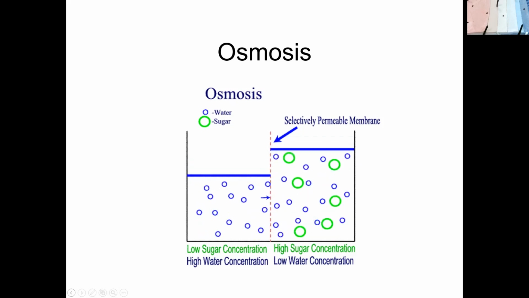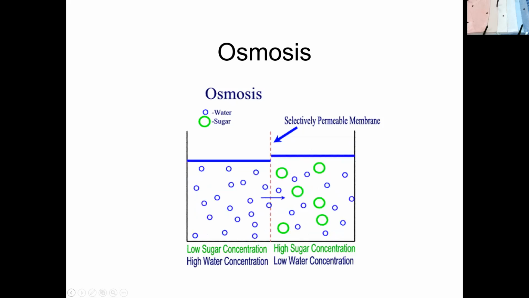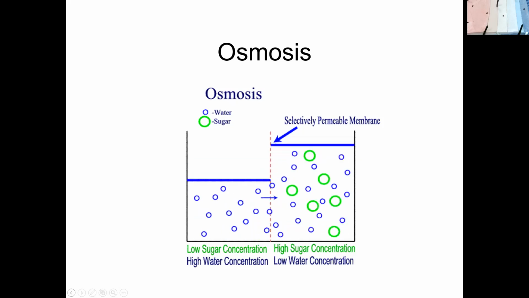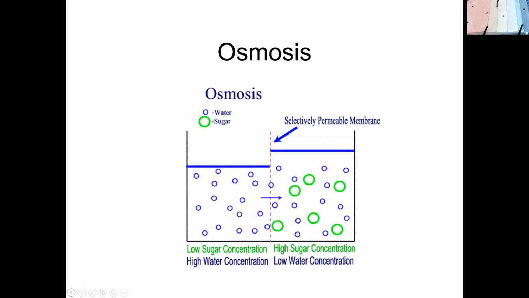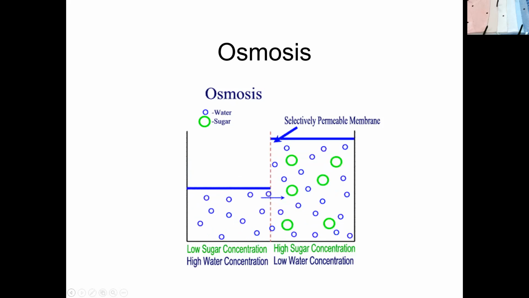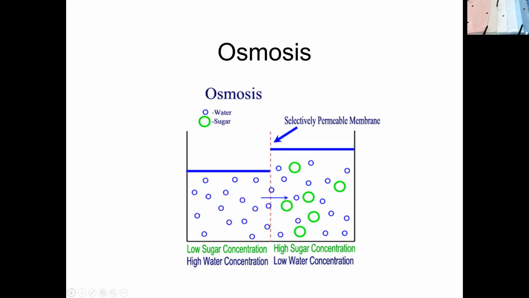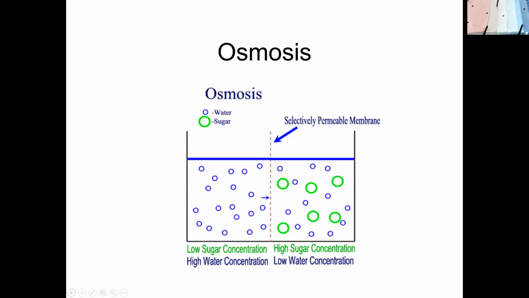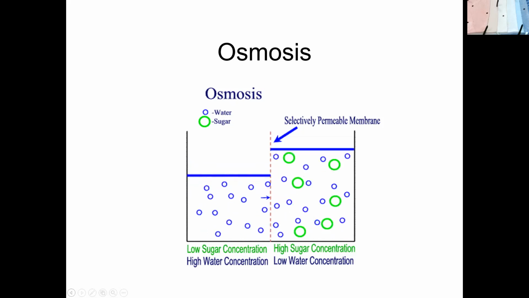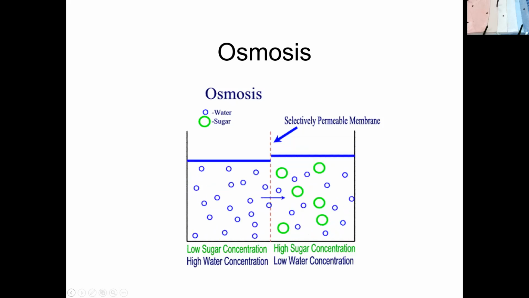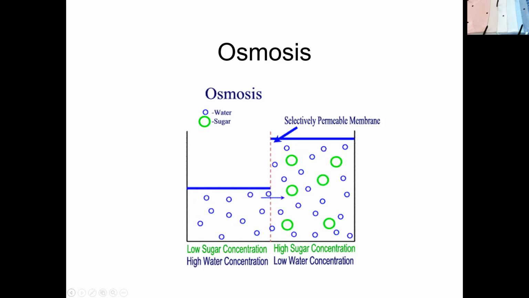Which way will the water go there? Outside the cell. The cell is 100% and the water around it is 90% water. It's 10% salt. I weighed that artificial cell and it weighed out at 28.6 grams.